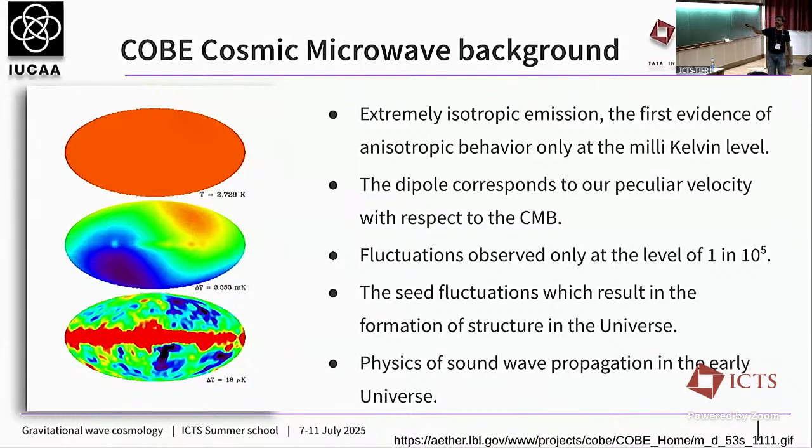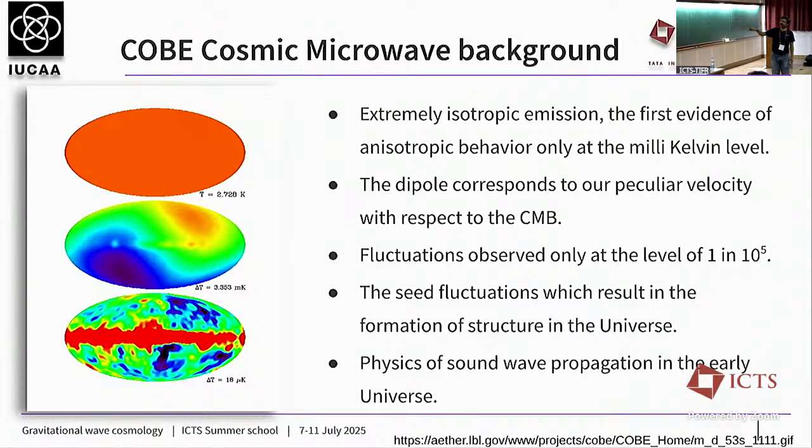Once you separate out the mean and dial up the contrast to about the millikelvin level, instead of the Kelvin level, then you start to see a dipole emerging. There is some direction where the CMB is a little bit hotter, and a little bit colder in the opposite direction. This hotness and coldness is about a few millikelvin on top of the Kelvin. So 1 in 1,000 already.